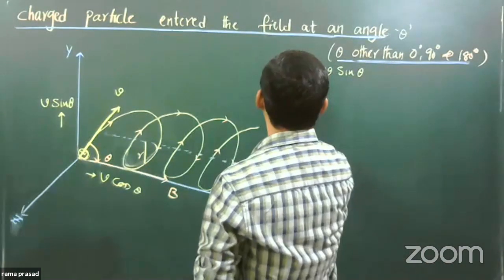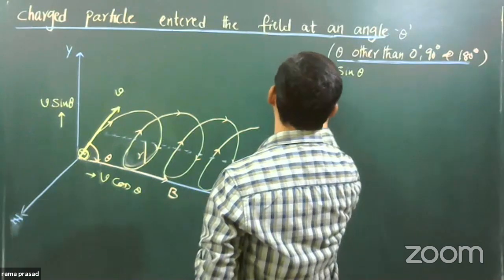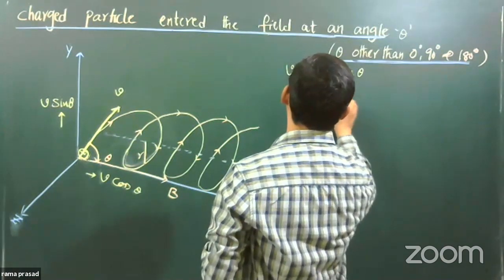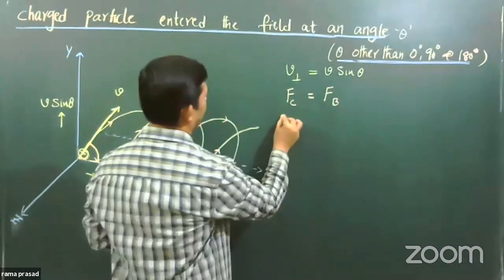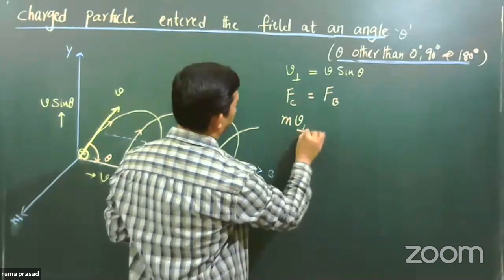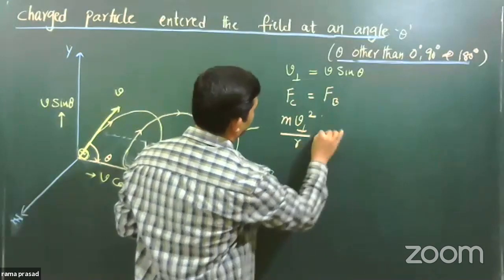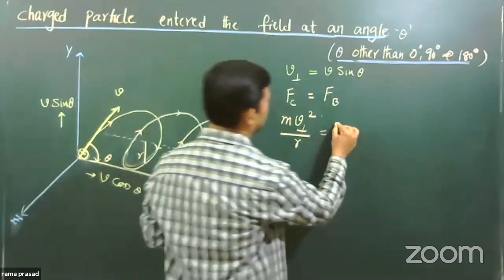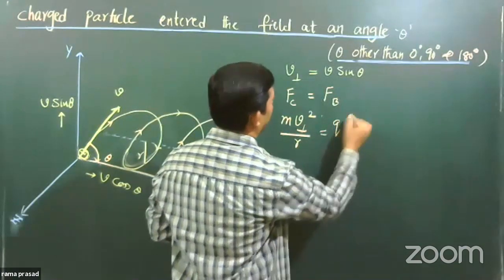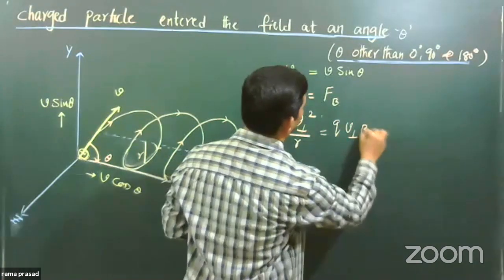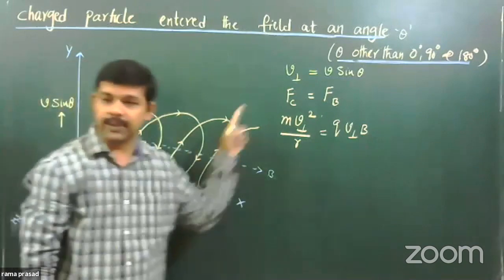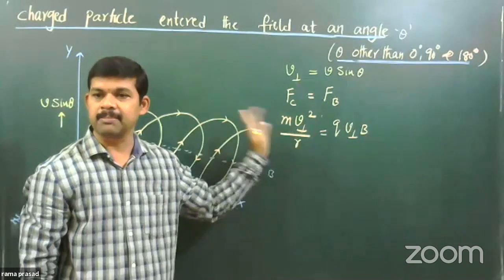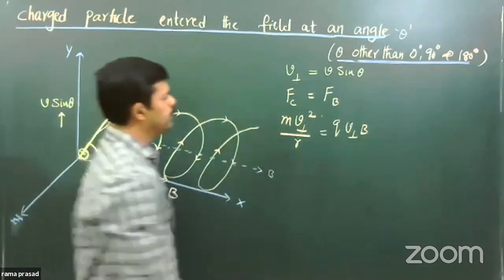See here, Fc is equal to Fb. Fc is what? m v perpendicular square by r. Fb is what? q v perpendicular into B. Because here due to the perpendicular component only it rotates. That is why I am taking simply the perpendicular component.